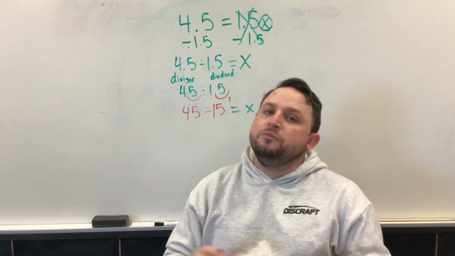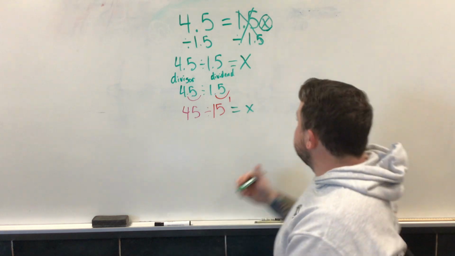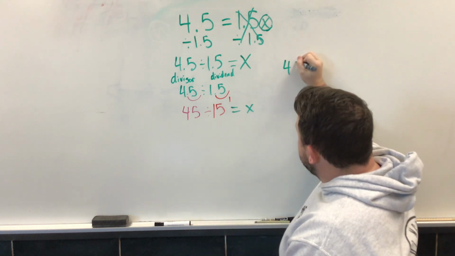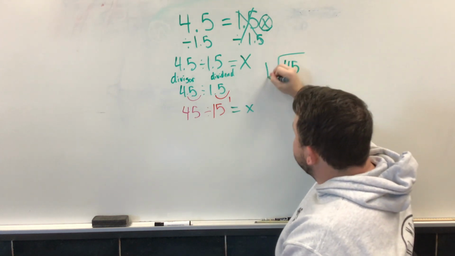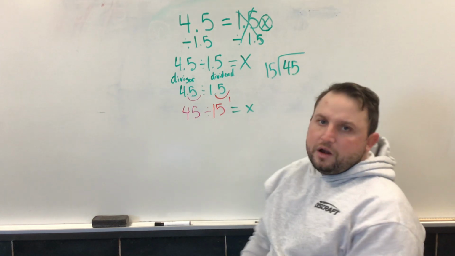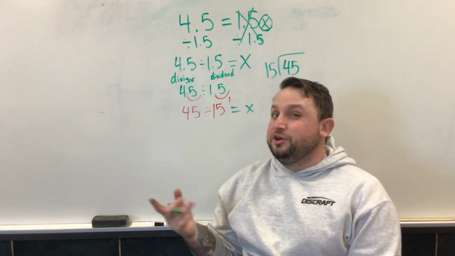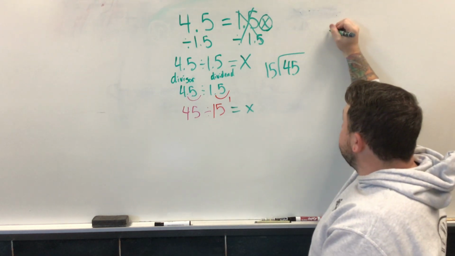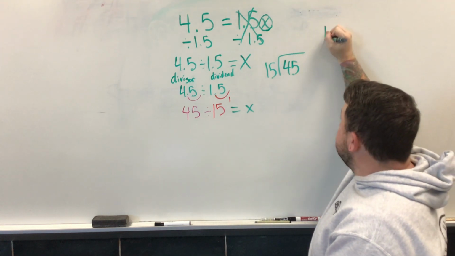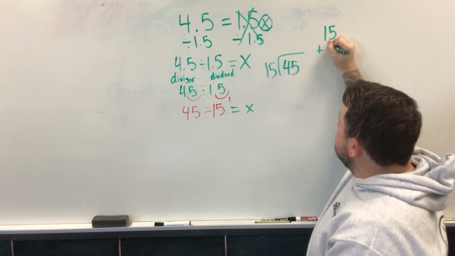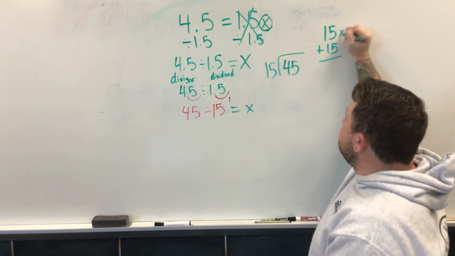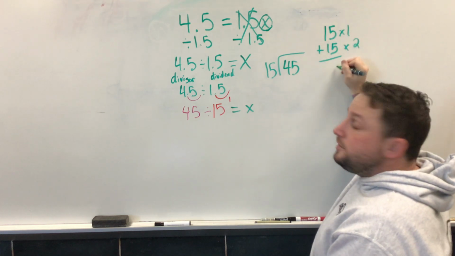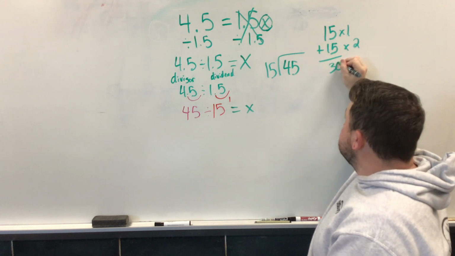Okay? Now all you have to do is simply solve the new problem. You don't have to worry about moving anything over. We just solve this new problem. Okay? So 45 divided by 15. All right? I know the answer because I'm pretty good with my facts, but I'm just going to go through this if we don't. We're going to start off here writing our multiples of 15. 15 times 1 and 15 times 2. 15 times 2 is 30.